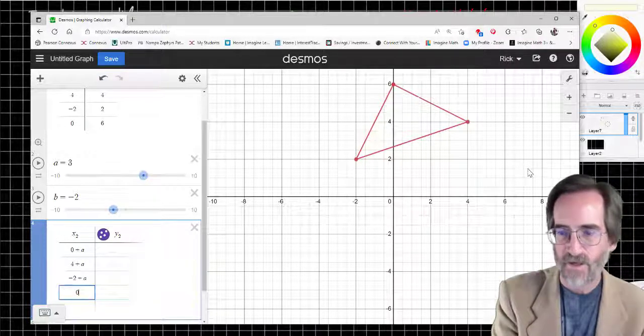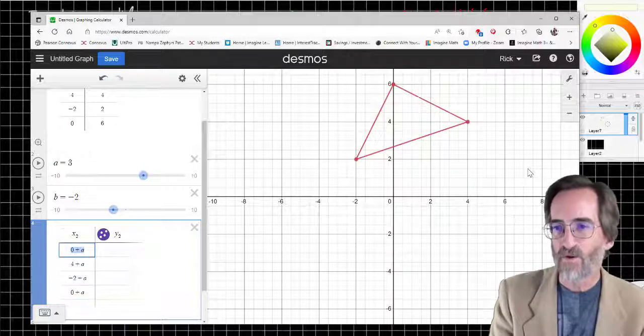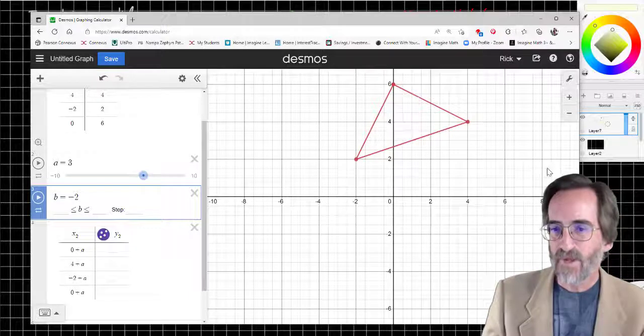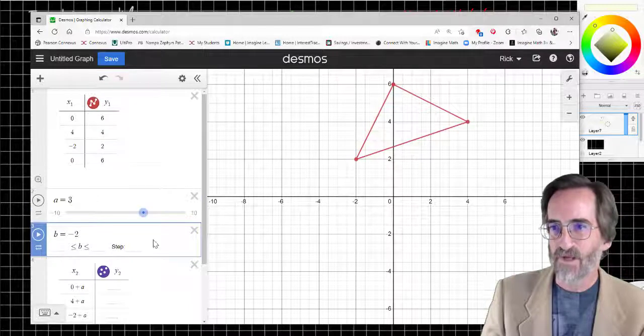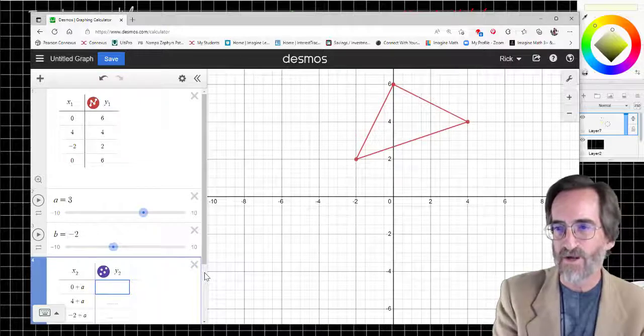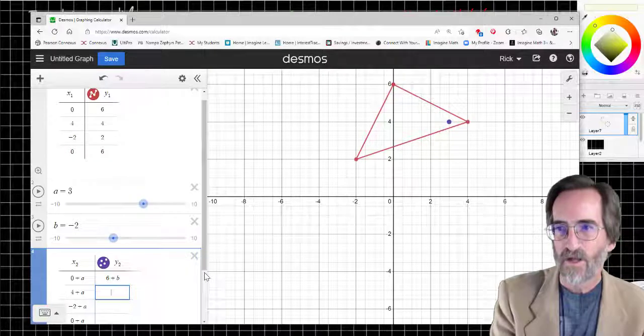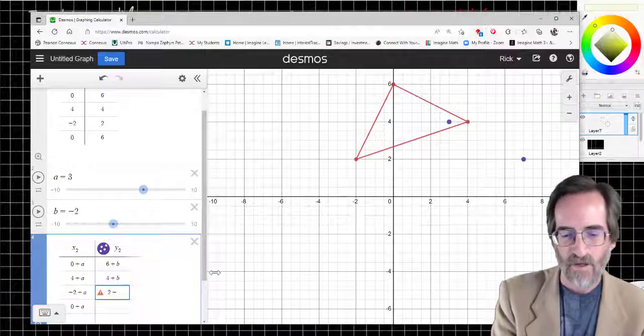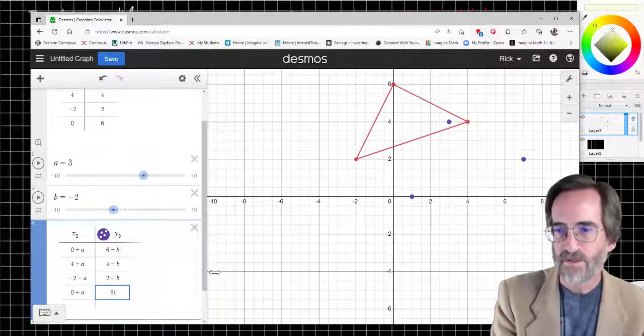So add a to all the x-coordinates and add b to all the y-coordinates. Now b is a negative, but adding a negative is subtracting. So 6 plus b, 4 plus b, 2 plus b, and 6 plus b.